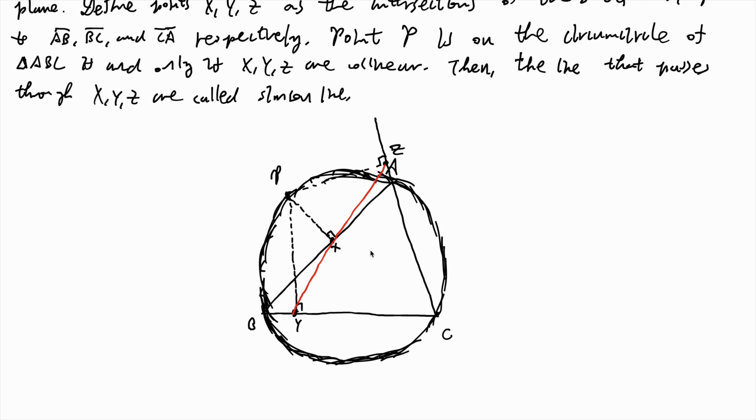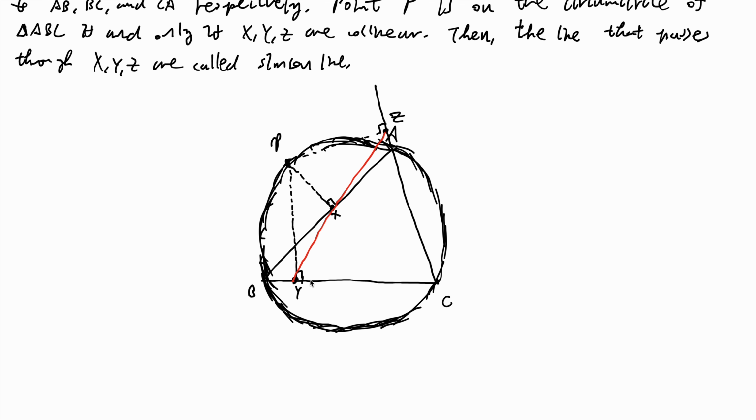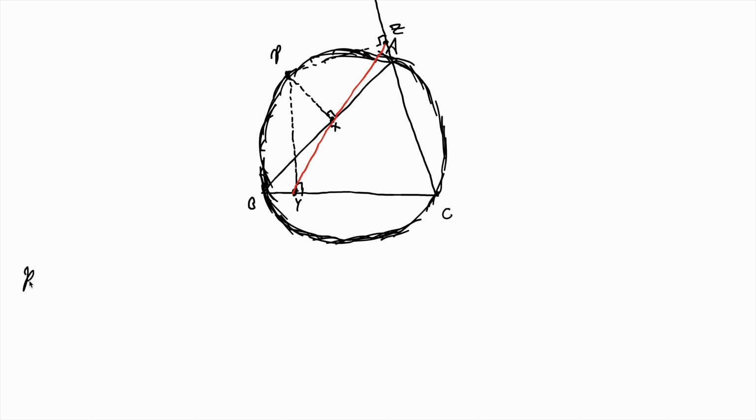So it all starts with like this. So we know that these are all right angles, and let's prove the existence. Is this how I spell existence?